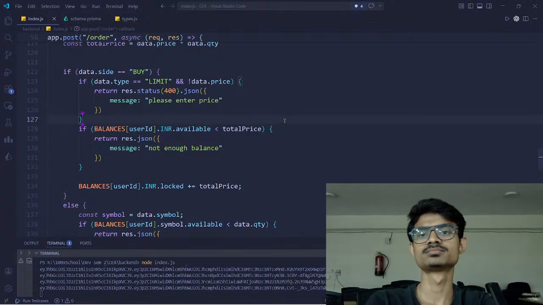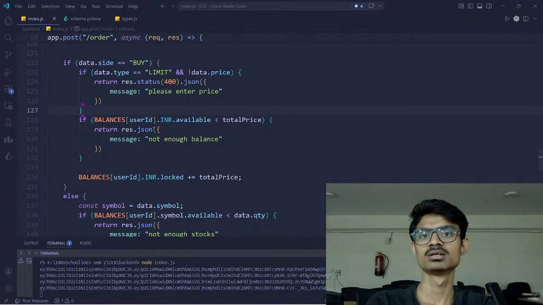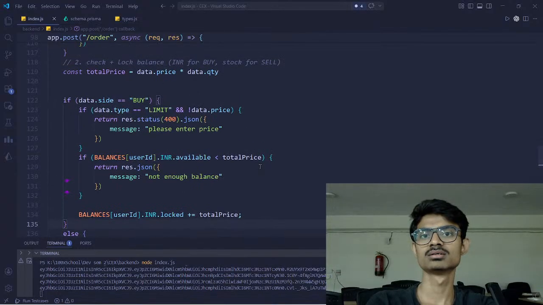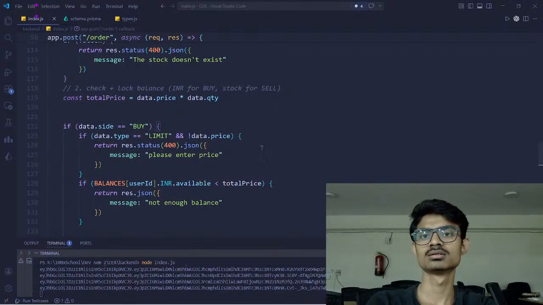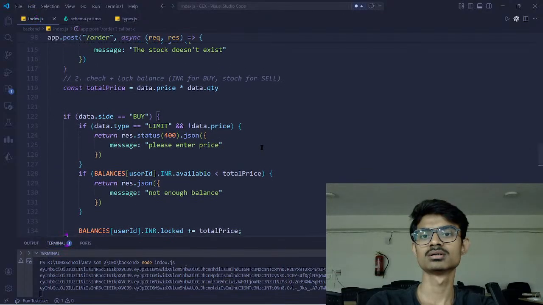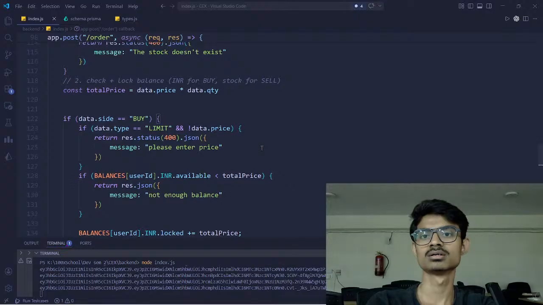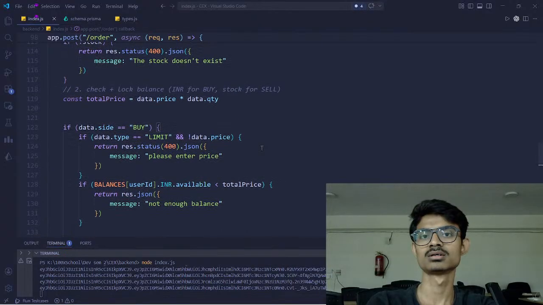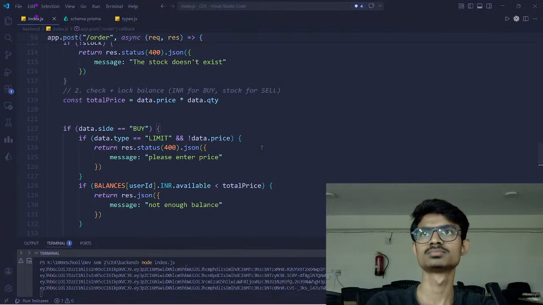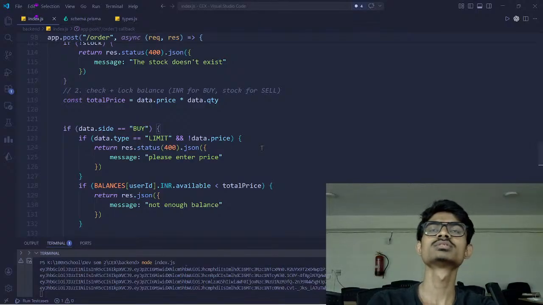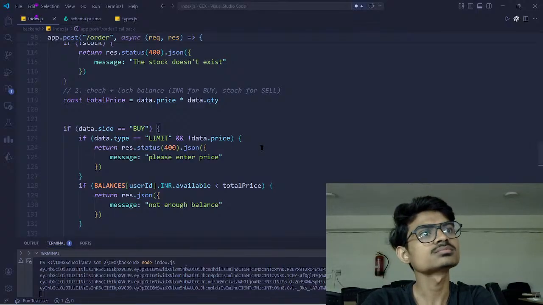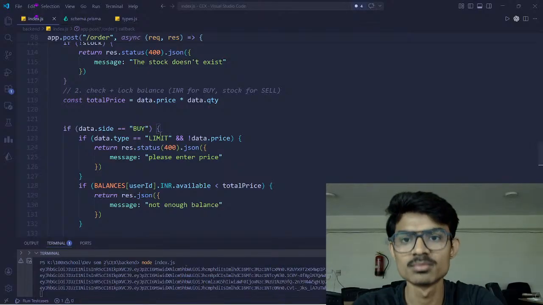If it's a market order, we don't have a price. If it's a limit sell order, that'll also have a price, right?